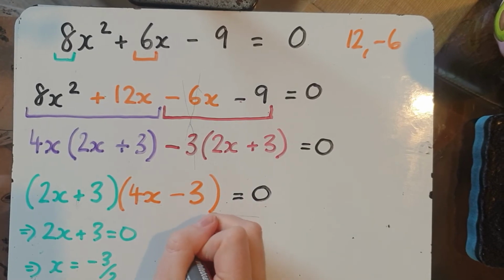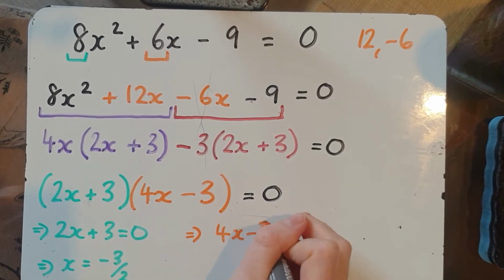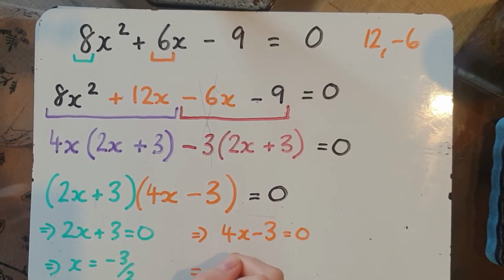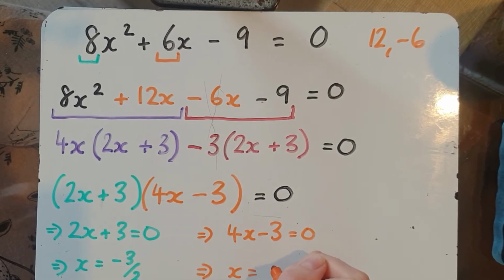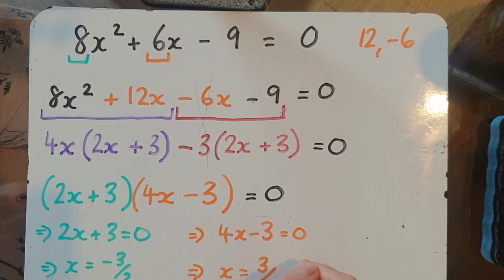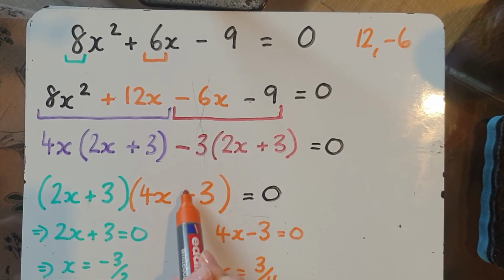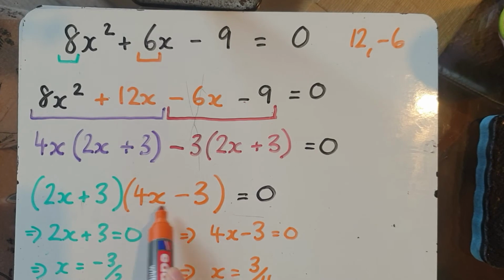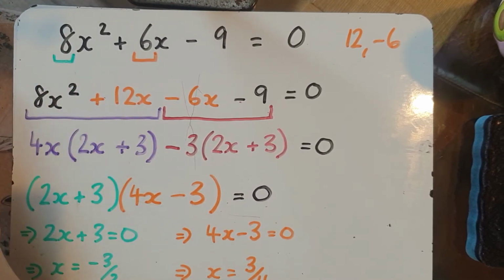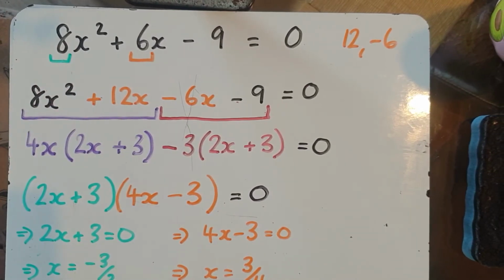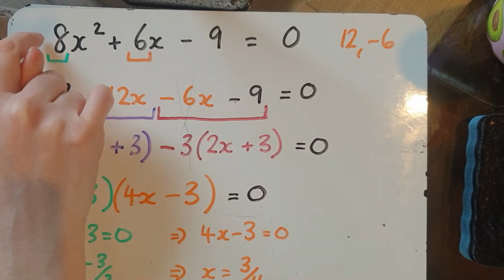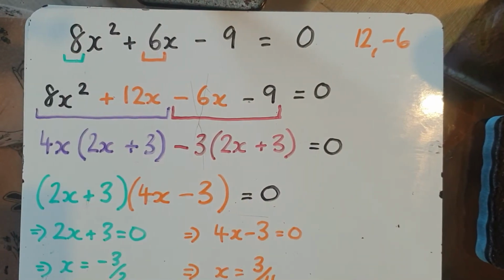Then this bracket implies that 4x minus 3 is equal to 0, and that would mean that x is equal to positive 3 over 4, which again, change the sign of this number, positive 3, divide by this number, positive 3 over 4. So that is how you would factorise a quadratic that has a non-prime coefficient of x squared.